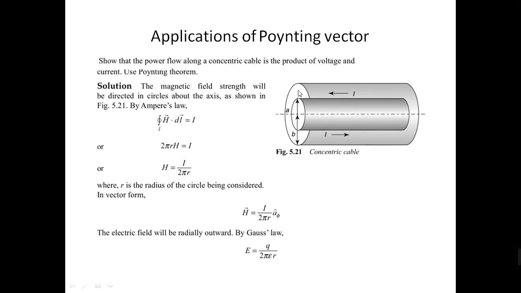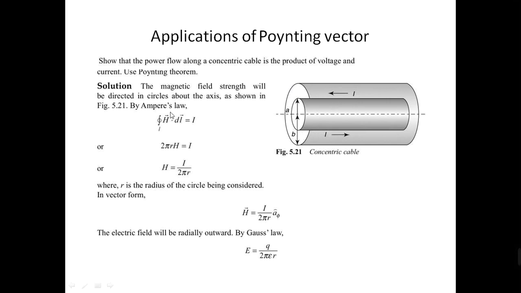So by applying Ampere's law to this cross sectional area, the magnetic field around the closed path is equal to the current enclosed by this closed path. The magnetic field encloses the total current flowing in the concentric cable. So H is constant here.